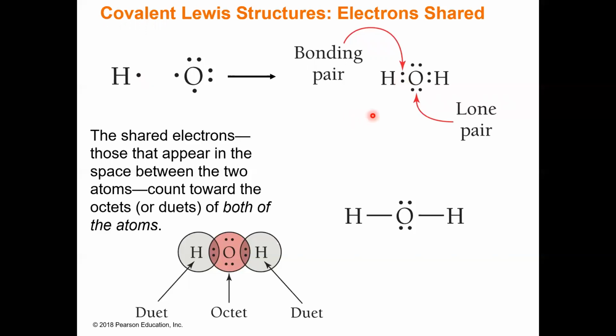We represent that by having these 2 electron dots between the hydrogen and the oxygen. One came from the oxygen, as we see here, and the other electron is coming from the hydrogen, which we see here.